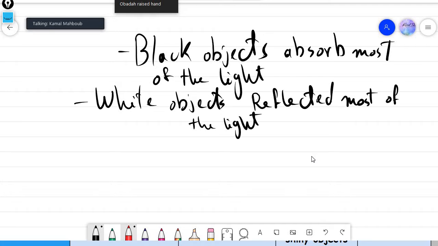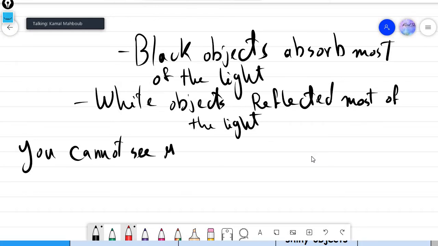Now, the white objects reflect most of the light, and yet you cannot see your face in them. Why can't you see your face in the white objects?